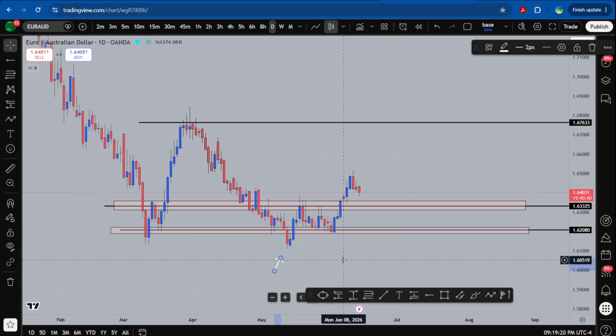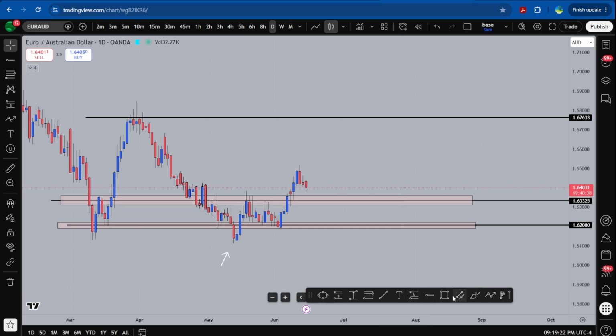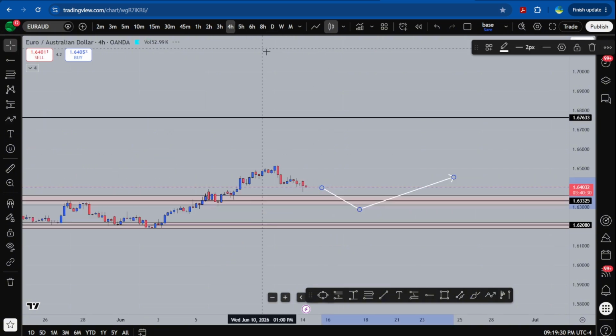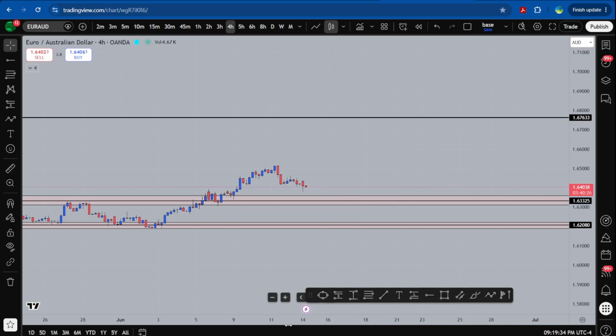What I'm going to do is wait for price to reject down here, and let's go down to the 4 hour.